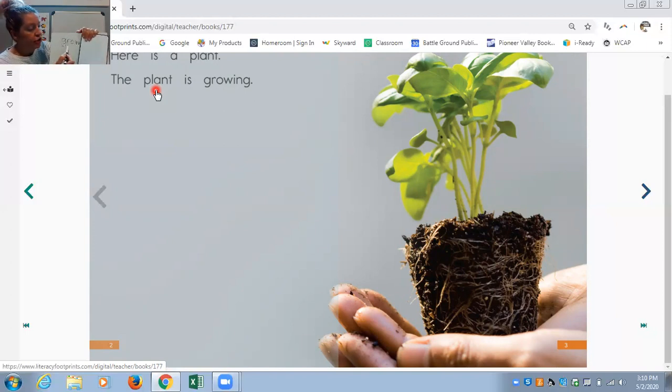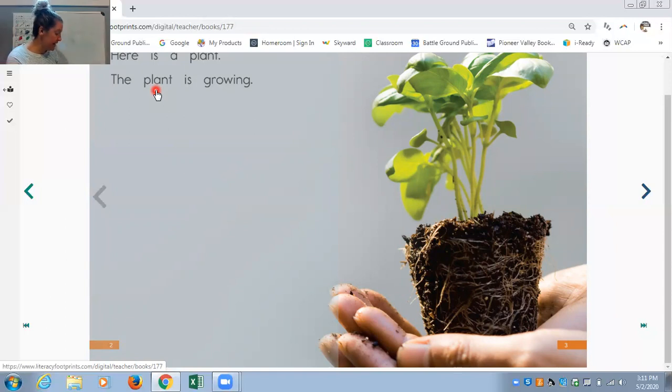I know that G and R together say grr. And I know that OW says oh, it's going to make the long O sound. So let's put those two parts together. Grr, O, grow. So what's the word? Grow.